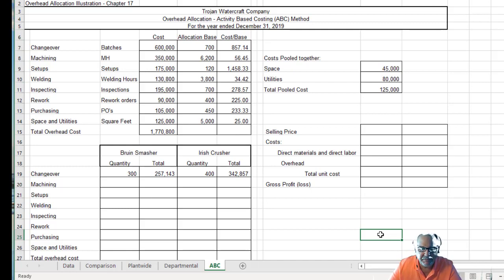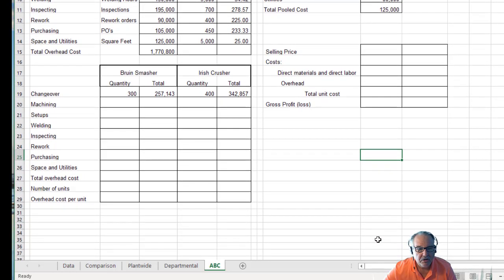We wouldn't make a partial, but nonetheless, these are the facts that I've got. So we're making basically the Bruin Smasher 1 at a time. We're making the Irish Crusher 5 at a time. That's what the batch concept is, right? So we're making the Bruin Smasher basically individually, and the Irish Crusher, we're making it in batches of 5.